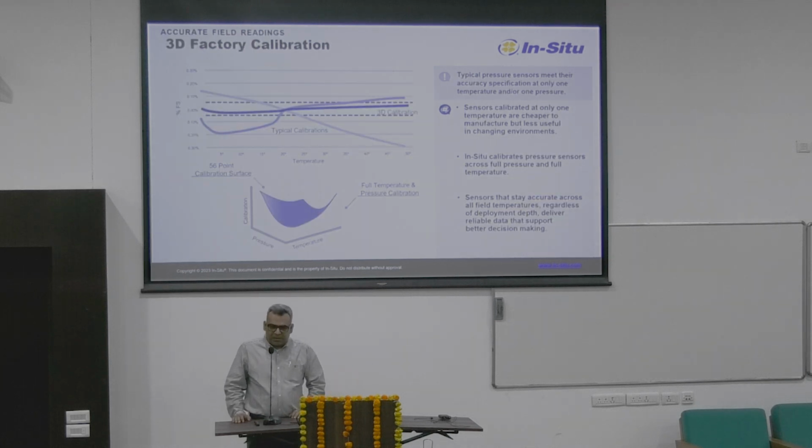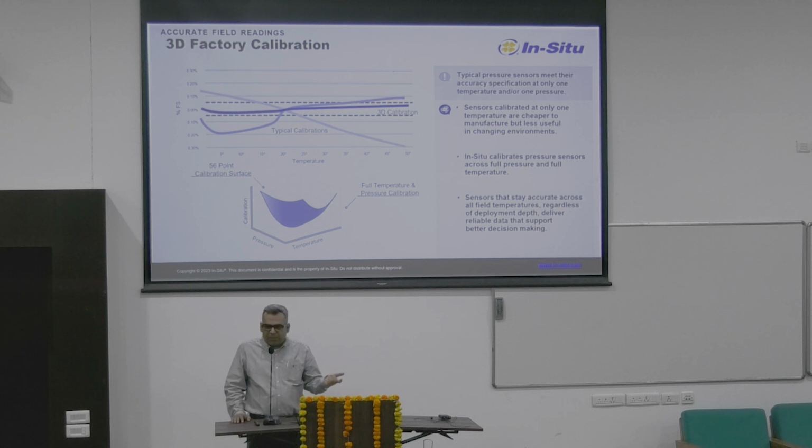These instruments are 3D calibrated. When I say 3D calibration, it means across various temperatures, from minus to plus 50 degrees, at various depths also, because this instrument goes 0 to 250 meters. So this has been calibrated at various depths as well as various temperatures, because we are selling our instrument across the globe.